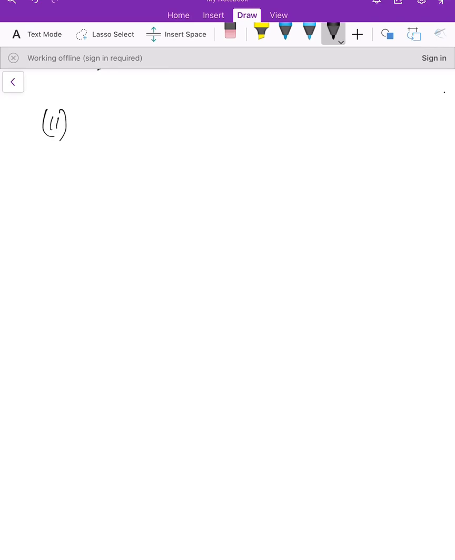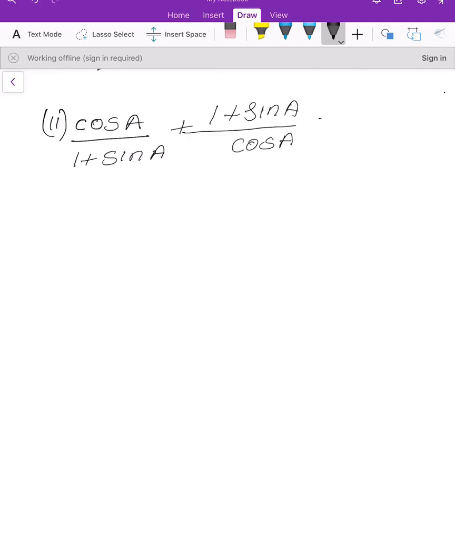That's it. My second subdivision from the fifth sum, from chapter 8, exercise 8.4, trigonometric identity, is cos A by (1 plus sin A) plus (1 plus sin A) by cos A is equal to 2 secant A, sorry, secant A. So what I have to do?